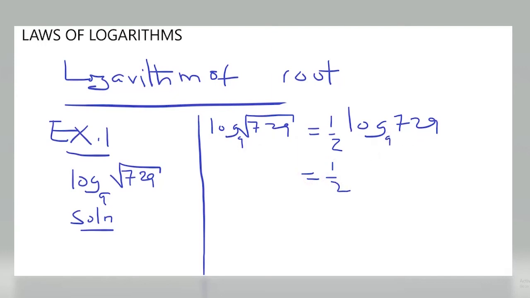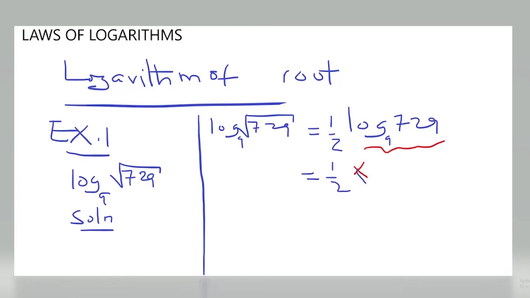Now find the value of this expression, logarithm of 729 to base 9. What's the answer? You know the procedures. This will be a half multiplied by the value you obtain.